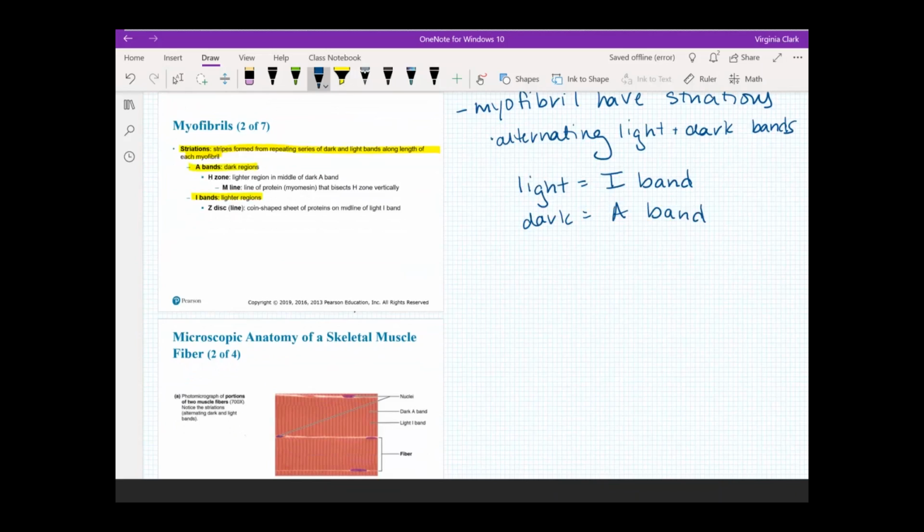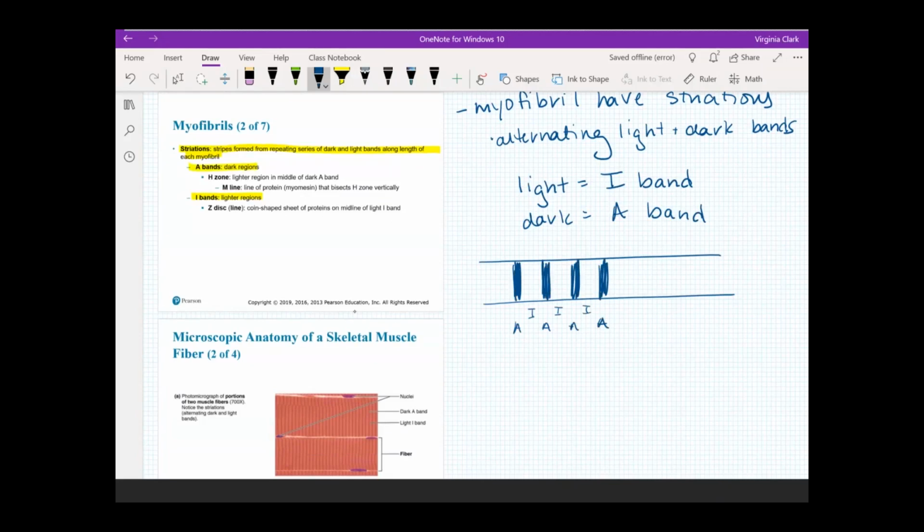Here's a blown up version of a striation: that would be a dark, that would be a dark, but then these would be the light. That's how the structure works to give it these striations.